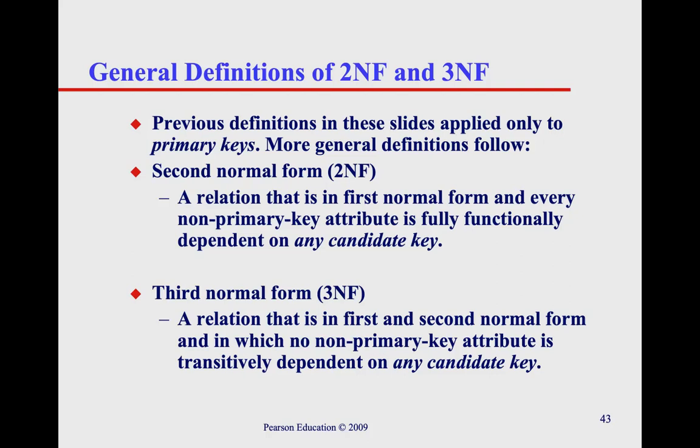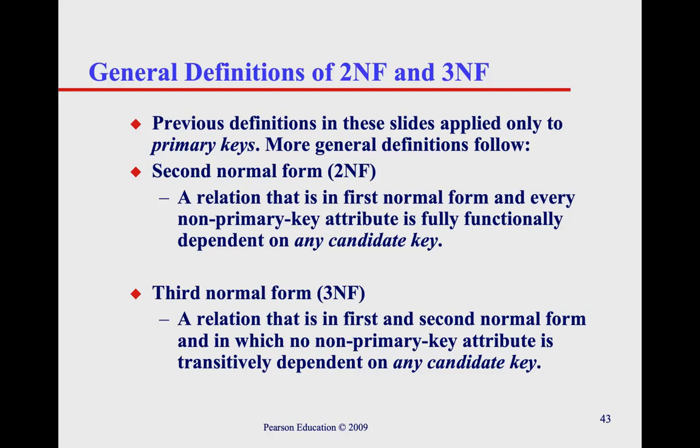So in practice, it is good enough to say primary key because, as you just saw, essentially when we got to third normal form, we already had everything removed that depended on either a candidate key or a primary key.